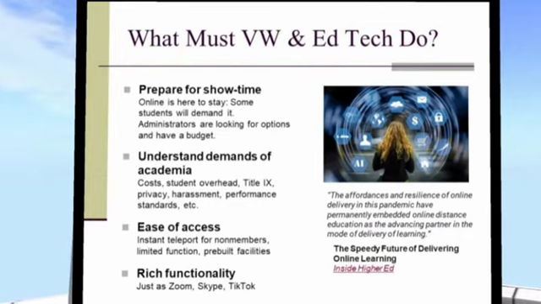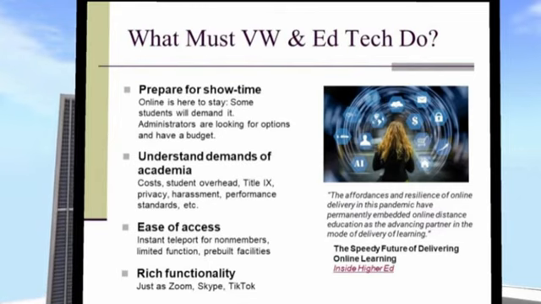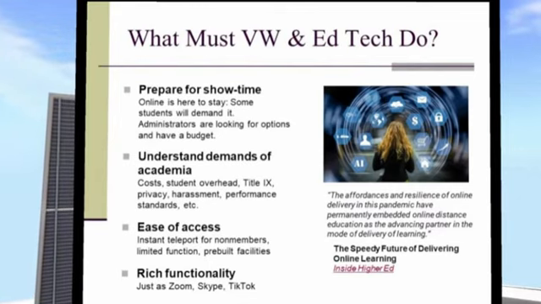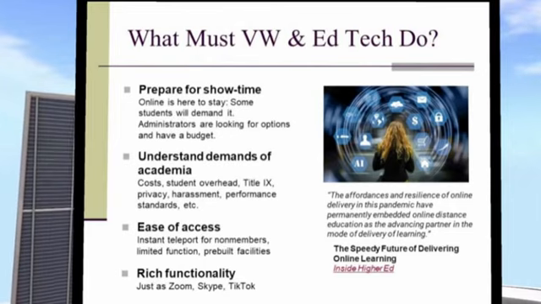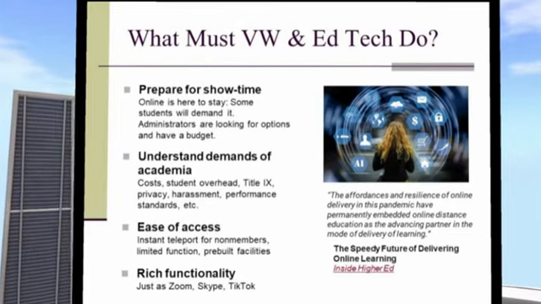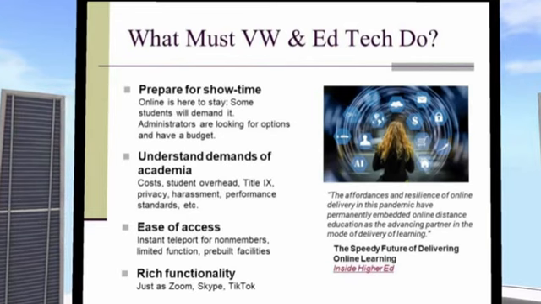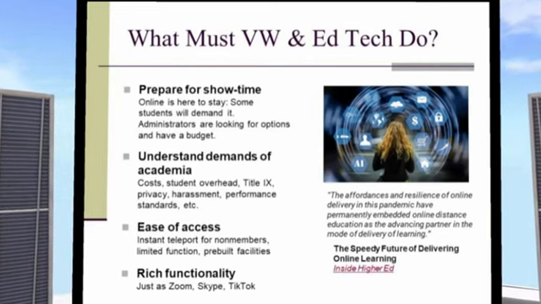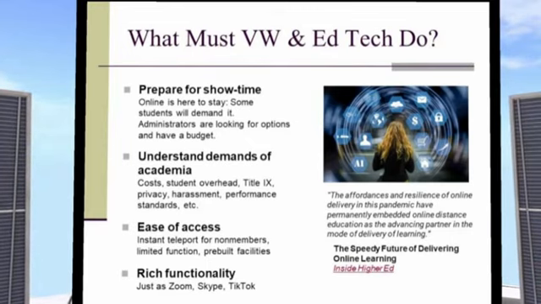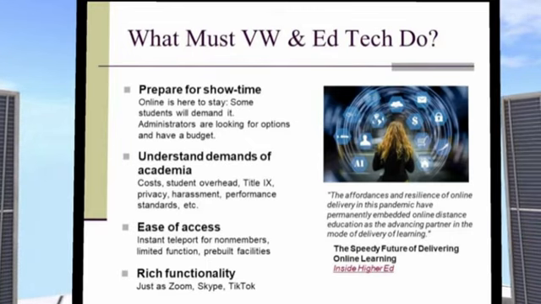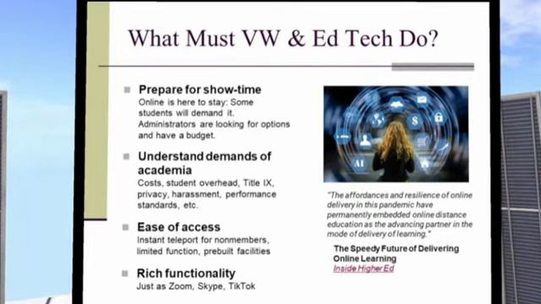Also, the educational platforms and programs and companies need to better understand the particular demands of academia, especially the old stodgy administrators who don't understand the tech, and they just want to go back to the old ways and the old days. There's also very limited funds available in academia right now, but there is money out there.